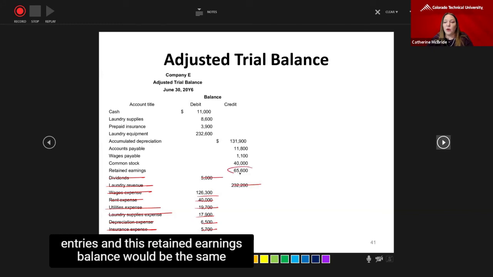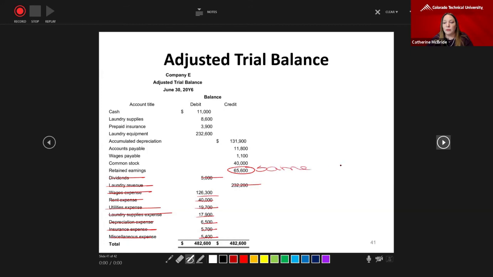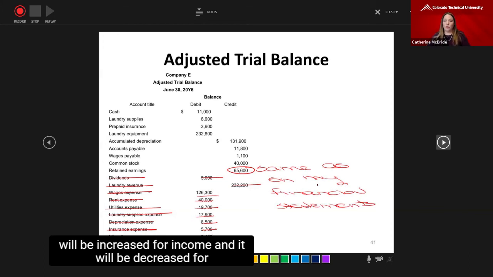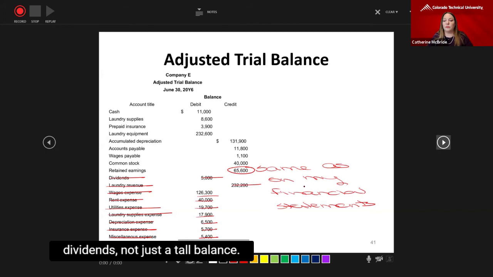And this retained earnings balance would be the same as on my financial statements, because it will be increased for income and decreased for dividends. And that's our adjusted trial balance.